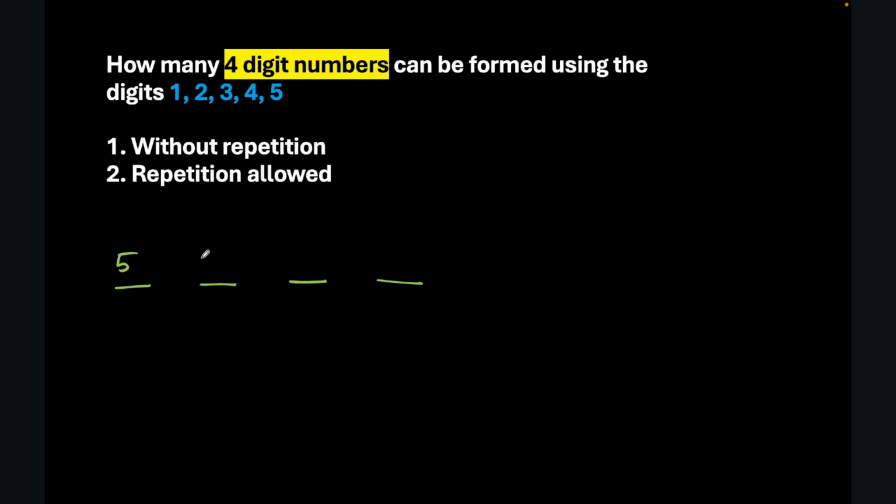Now, once I've used this digit, I have 4 possible options for the hundreds place, then 3 options for the tens place and 2 options for the ones place. Now I just have to multiply these options, and I have a grand total of 120 ways, or 120 numbers that can be formed using the digits 1, 2, 3, 4, 5 without repetition.